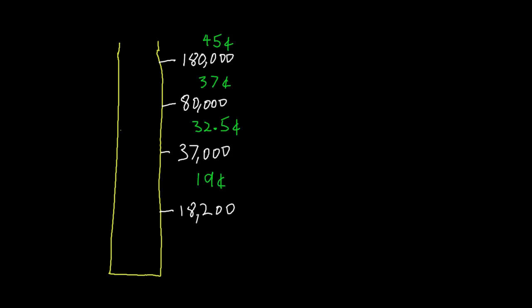So let's look at how tax is actually calculated. If you can picture one of those cylinders that you have in science, and you fill it up with water, and as you get close to the top, the water fills it up. Along the side here, we have dollar values. The white numbers are how much money you're earning.